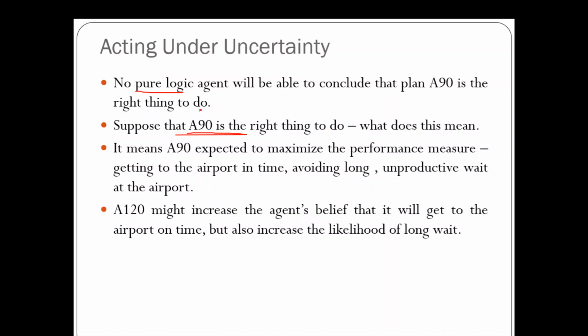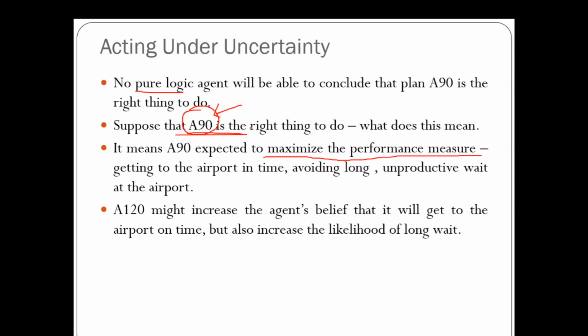In spite of all this uncertainty, if we say that A90 is the right thing to do, it means that A90 is expected to maximize the performance measure. If this is the plan which maximizes the performance measure, then we can say that this plan is the right plan.